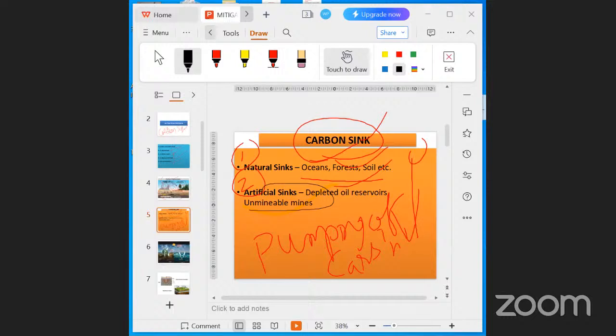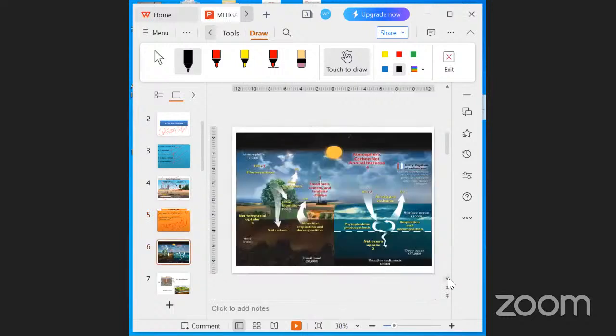Under artificial sinks, we have all the depleted oil reservoirs and unminable mines. These all contribute to the artificial sinks.